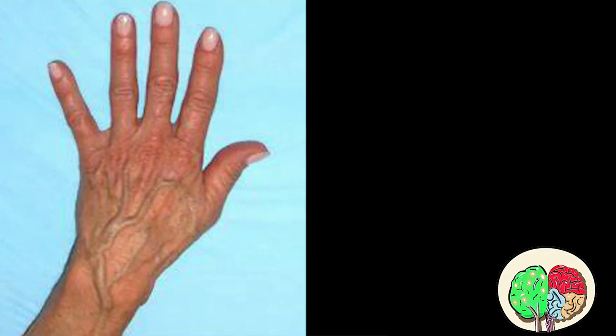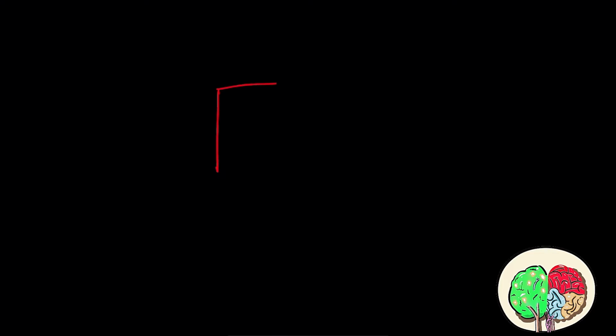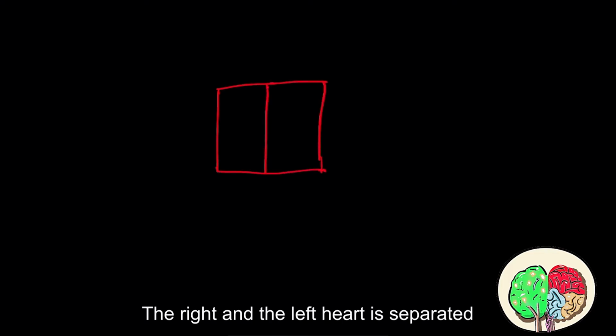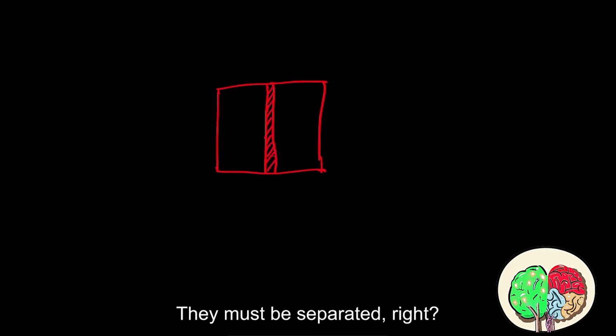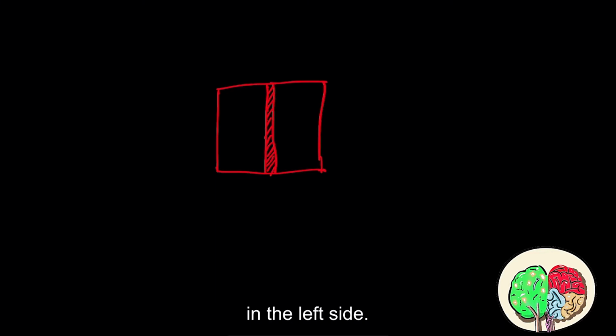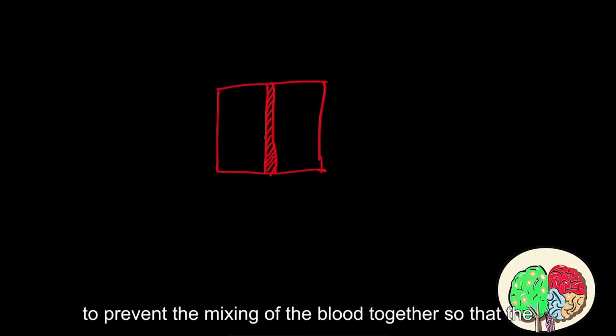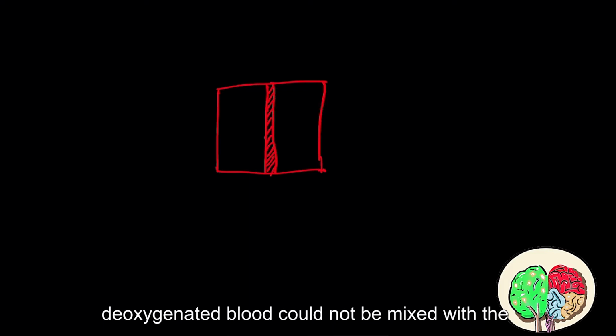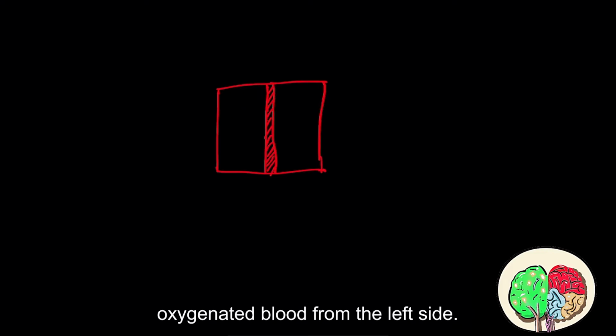Now we know that the heart has two sides, the right and the left. The right and the left heart must be separated, right? Because the pressure in the right side is different from the pressure in the left side, so they must be separated to prevent the mixing of the blood, so that the deoxygenated blood from the right side cannot be mixed up with the oxygenated blood from the left side.